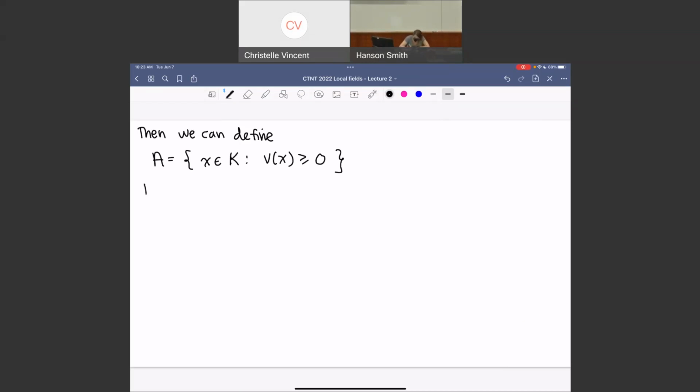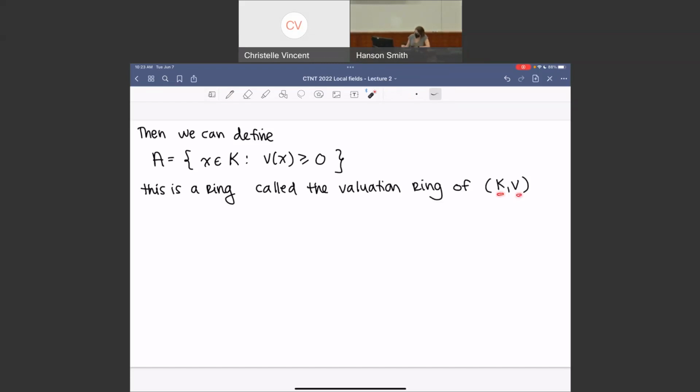Okay, this is a ring, called the valuation ring of K_v. Most of the time we'll just say the valuation ring of K, but if K happened to have many valuations, then you would have to say which valuation this is the valuation ring of. But this is called a valuation ring.